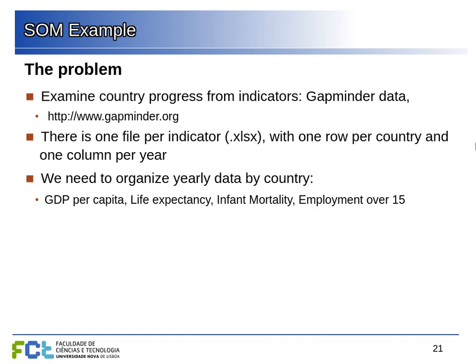So we're going to use this site, Gapminder, and download data on 4 different indicators. GDP per capita, which tells us over the years how the gross domestic product of the country evolved. Life expectancy, infant mortality, and employment for people over 15.